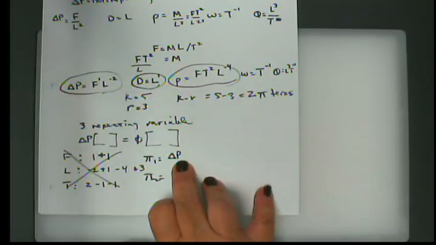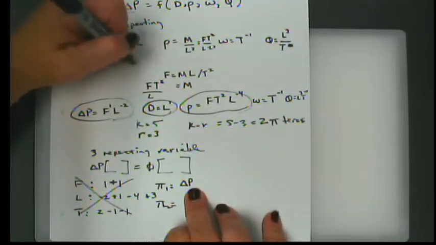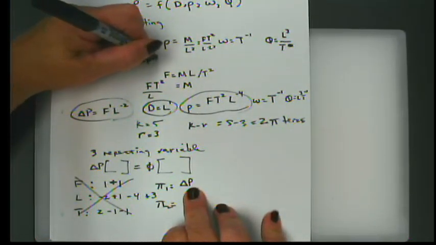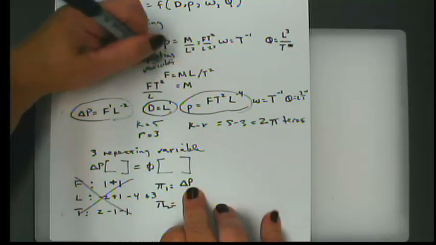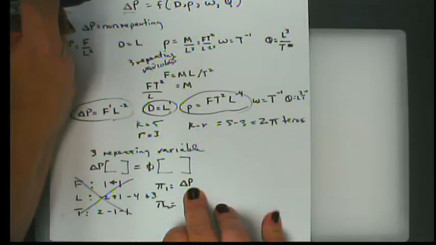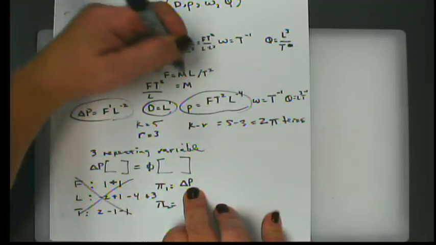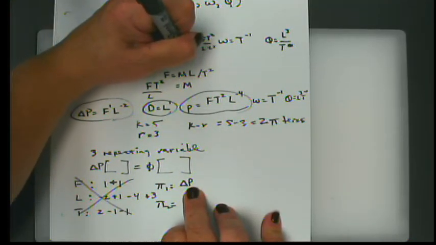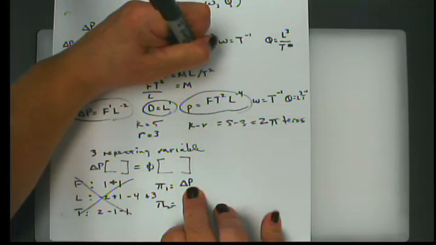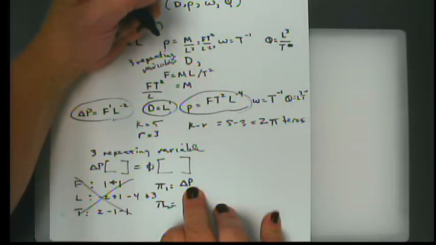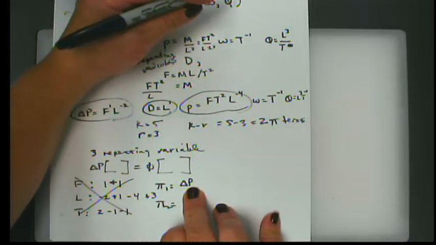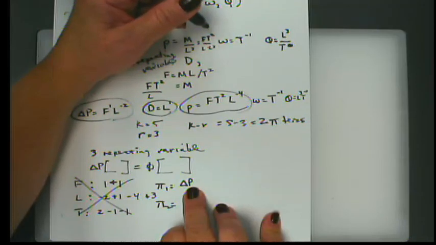So if we're going to use 3 repeating variables, let's choose, and this is a matter of taste, it's not a requirement, D, rho, and omega. We need to make sure that we include all of the terms, but which 3 we choose is not that big of a deal.